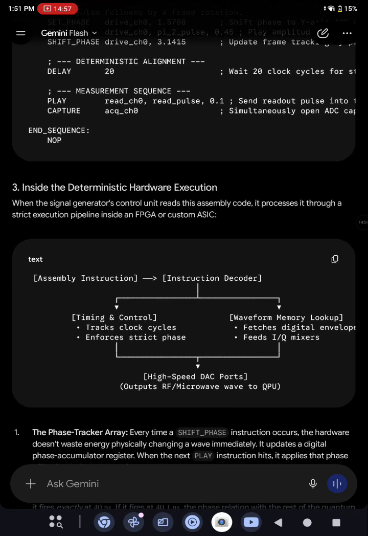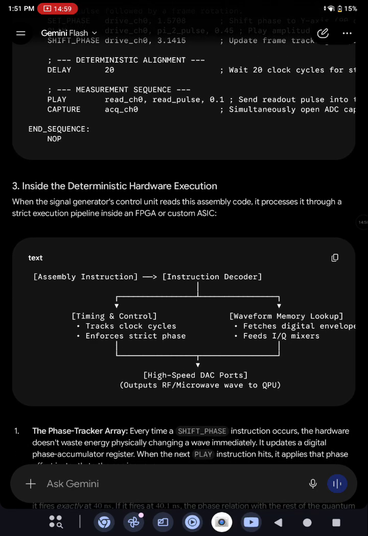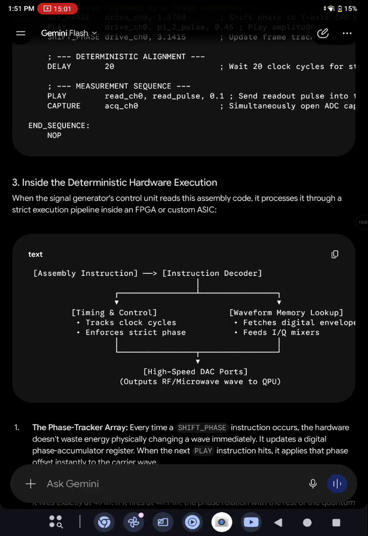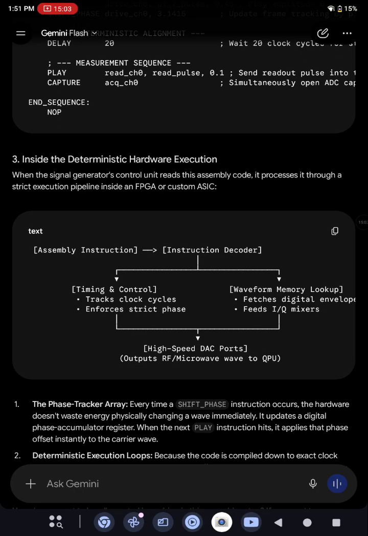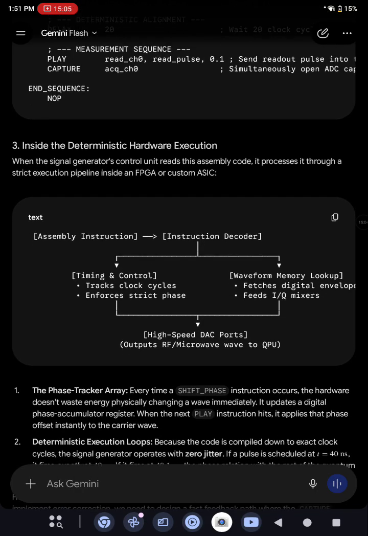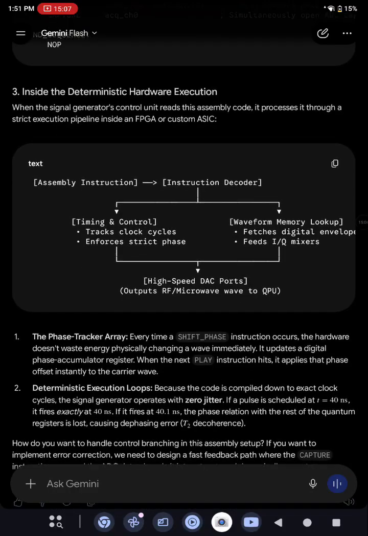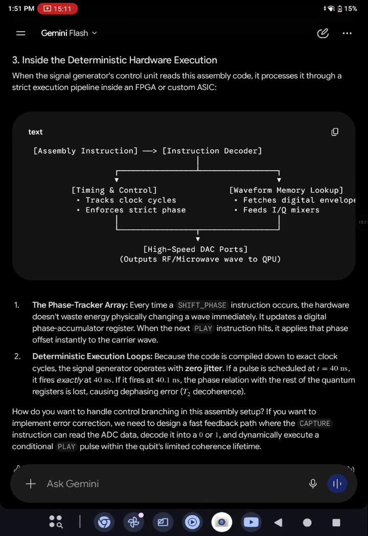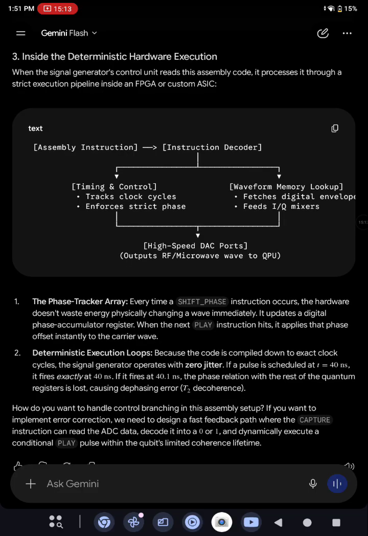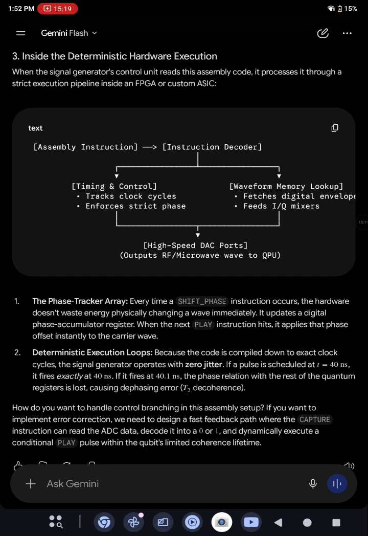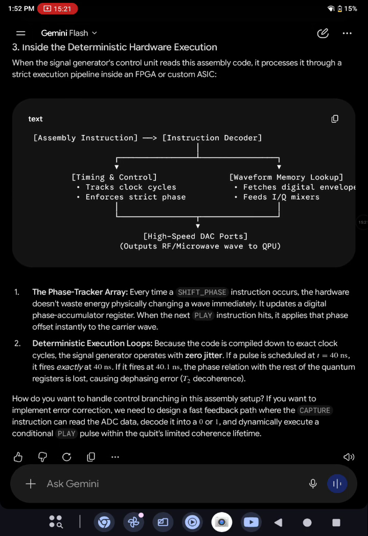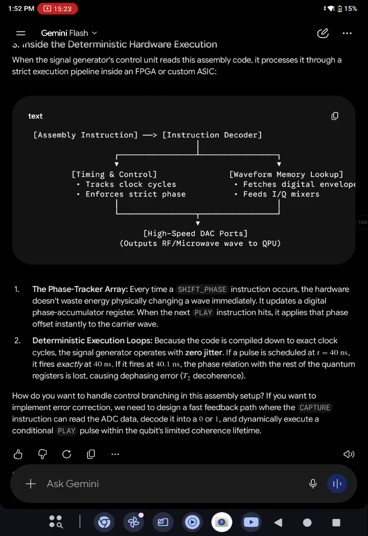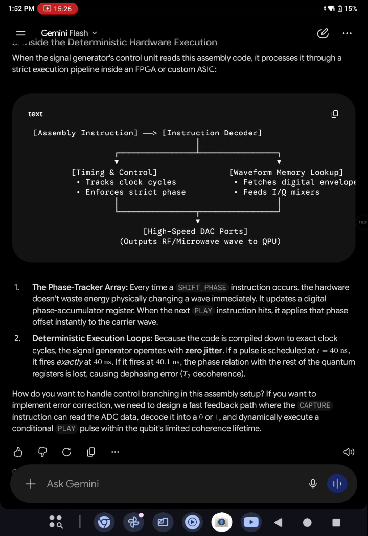Deterministically, you align that with a 20 clock cycle delay and then you basically play it and capture it and end it. This is basically a signal generator control unit assembly code on the generator. It processes it through a strict execution pipeline inside an FPGA or custom ASIC.